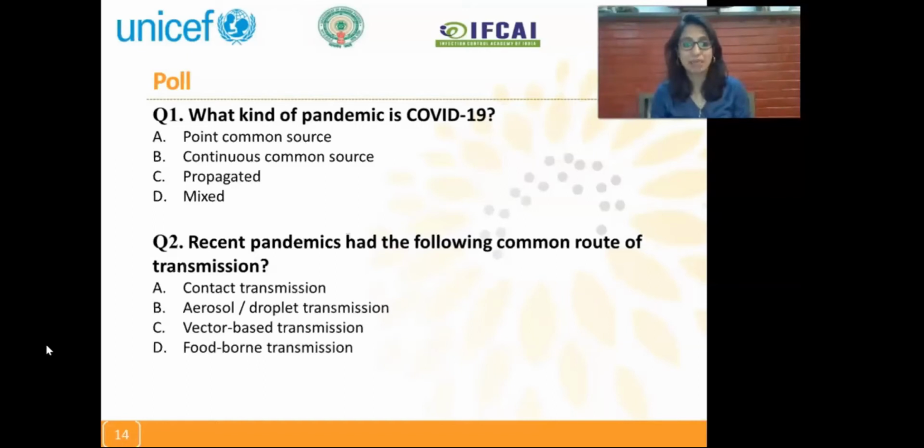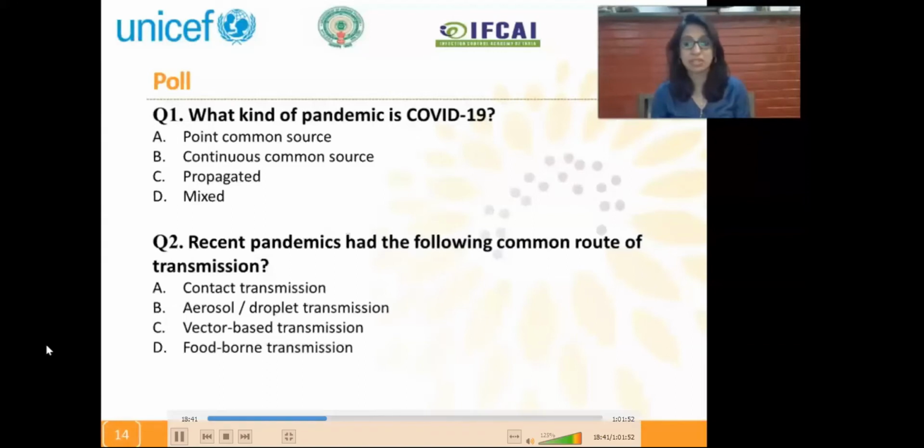What was the route of transmission in the latest pandemics? This is important to know because we know how our populations are susceptible and what kind of source, and how we should take measures in the long term to control such pandemics from happening.